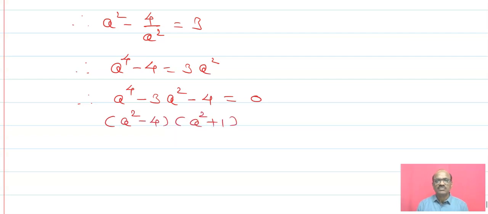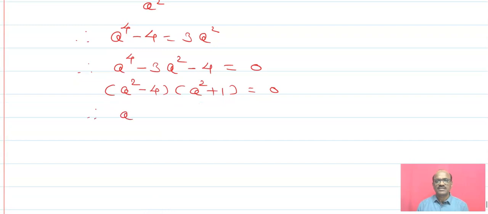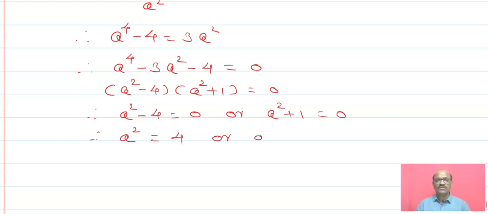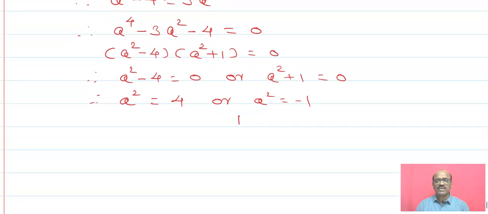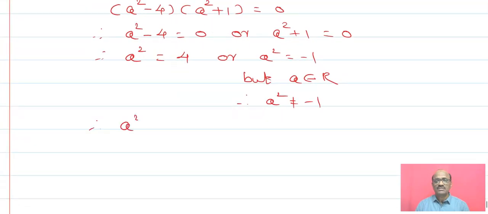a square minus 4 in first bracket, second bracket a square plus 1 equals to 0. Now here a square is equal to 4, a square is equal to minus 1, but again a belongs to R, and a square equal to minus 1 is not possible.